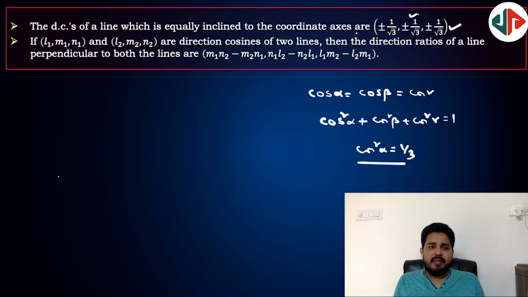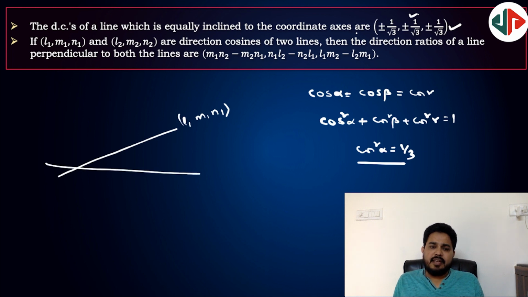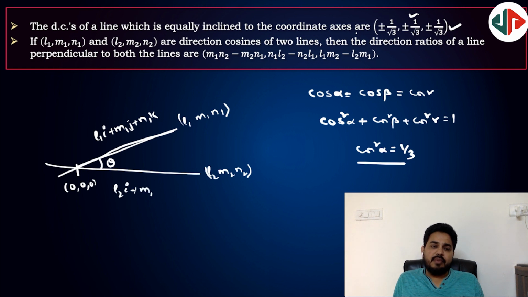Now there is a line L1, M1, N1. This is the line L2, M2, N2. If this angle is theta, what is the angle? So from here, I assume this one is 0, comma 0, comma 1. The unit vector is L1 i plus M1 j plus N1 k, and here L2 i plus M2 j plus N2 k.